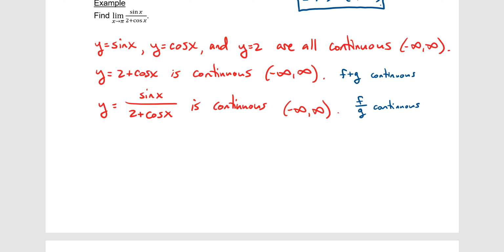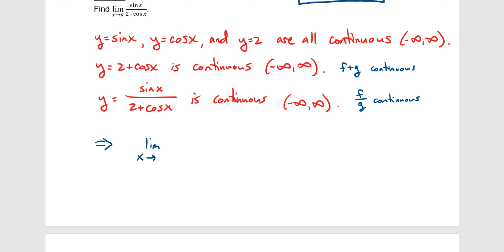So we're going to say, put a little arrow, and I'm going to say the limit as x approaches pi of this function is going to just equal pi plugged directly in. So this is the definition of continuity.